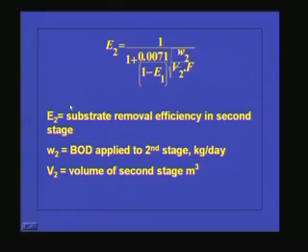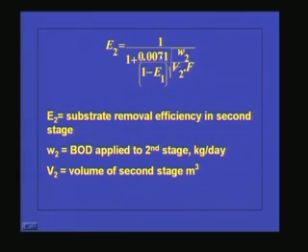So now we will see what is the removal efficiency if you go for a series of biotrickling filters. For the first filter we have seen how to find out the efficiency. If you want to find out the efficiency of the second filter, we can use this formula.